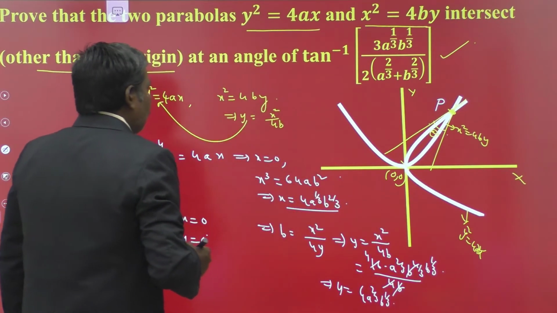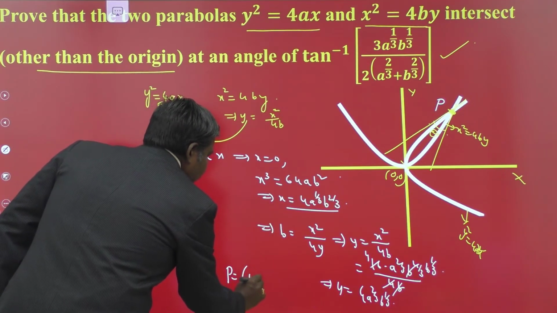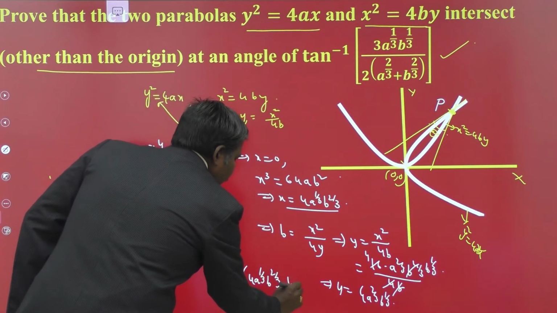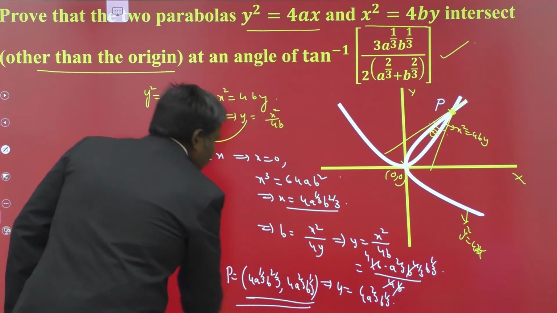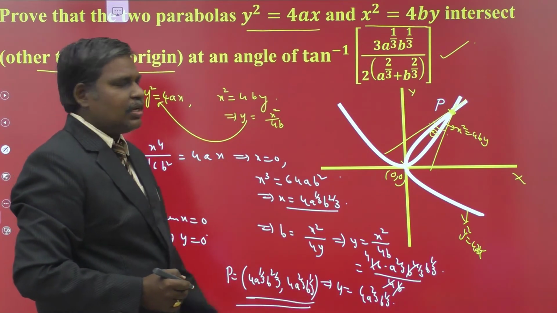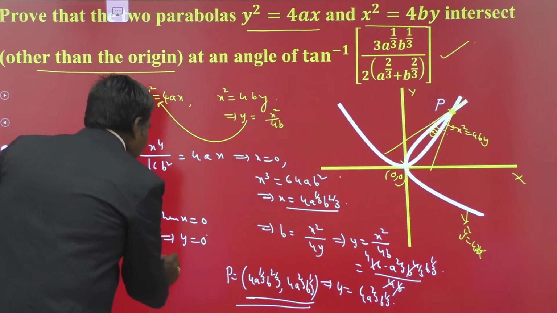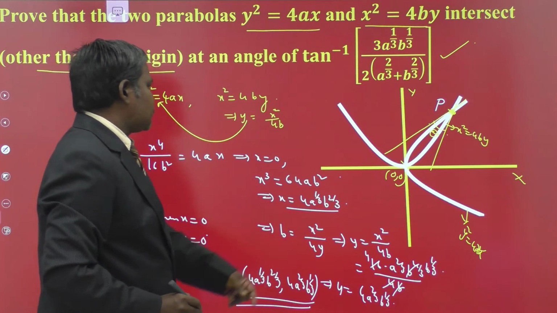Okay, therefore, the point of intersection is what? 4a power 1 by 3, b power 2 by 3, comma, 4a power 2 by 3, b power 1 by 3. This is my point of intersection except the origin. Origin is one of the points of intersection. We obtained here, origin is one of the points of intersection. Another point of intersection is this one.